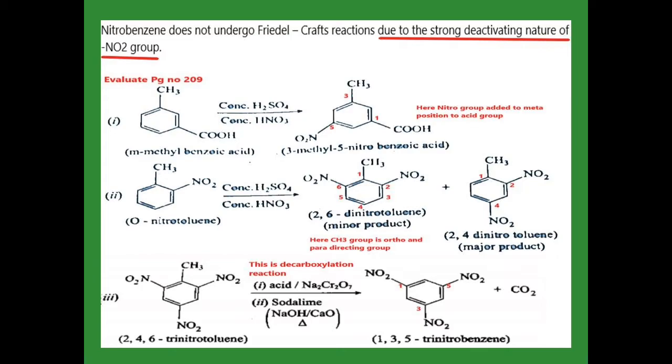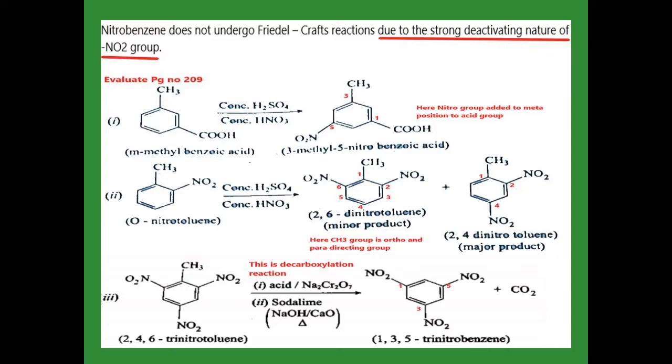The first question: when methyl benzoic acid is treated with concentrated sulfuric acid and concentrated nitric acid, we get the product. Here the nitric acid, as we saw in the previous slide, splits into NO2 plus and OH minus with the help of sulfuric acid.